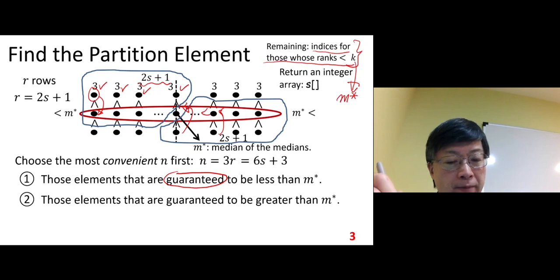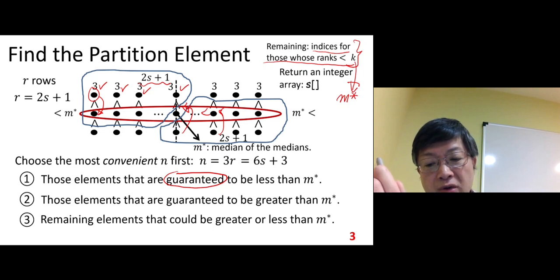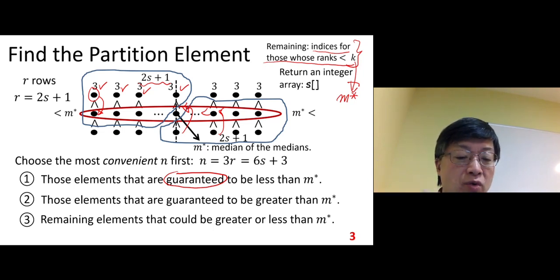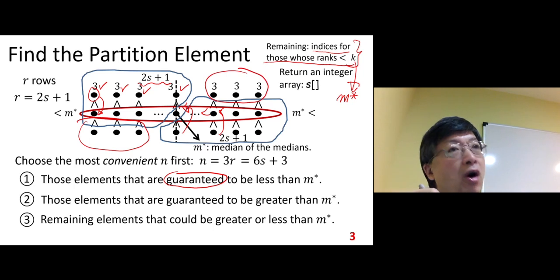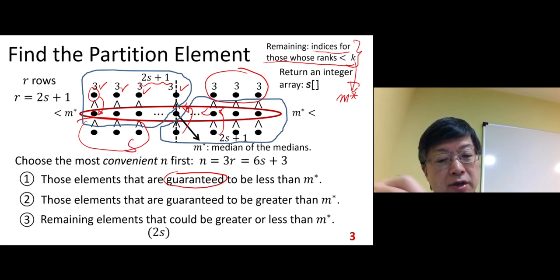Next step, we will see. The remaining elements could be greater or less than M star. For the remaining elements, we do not know if they are greater than or less than M star. All are possible. The total number of remaining elements is 2s.